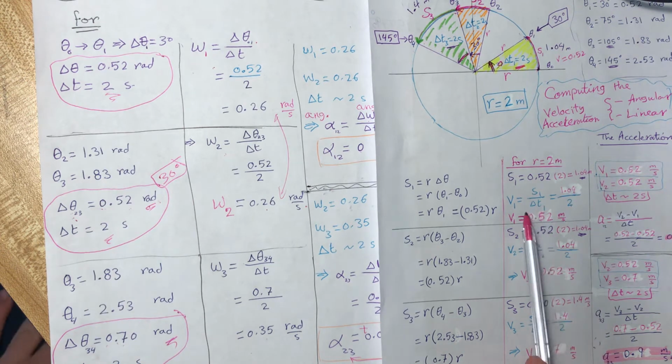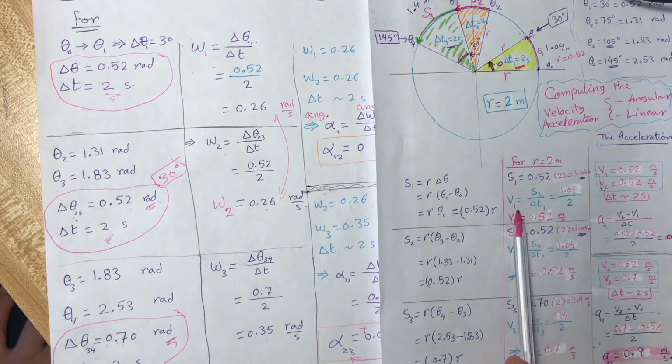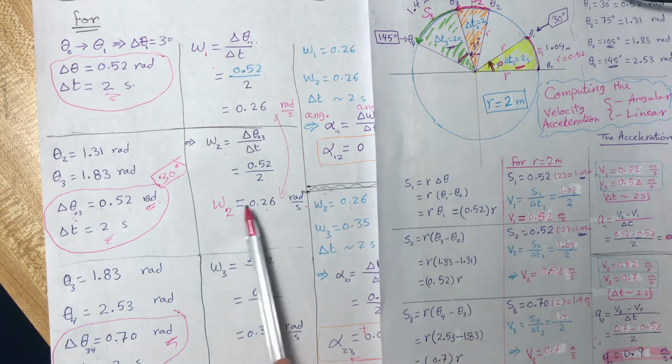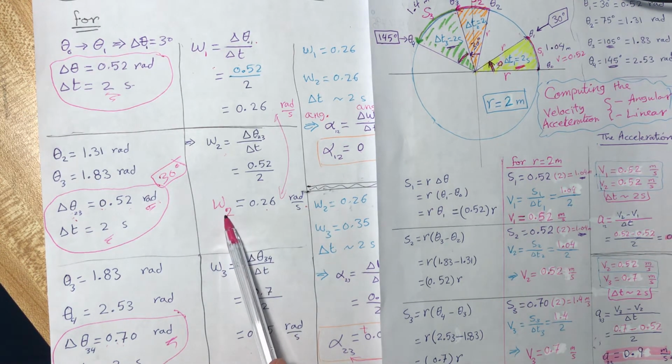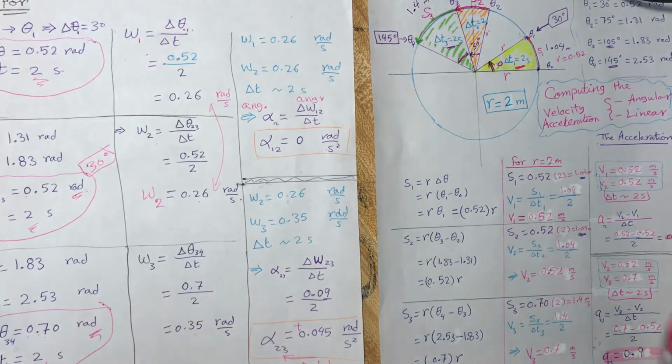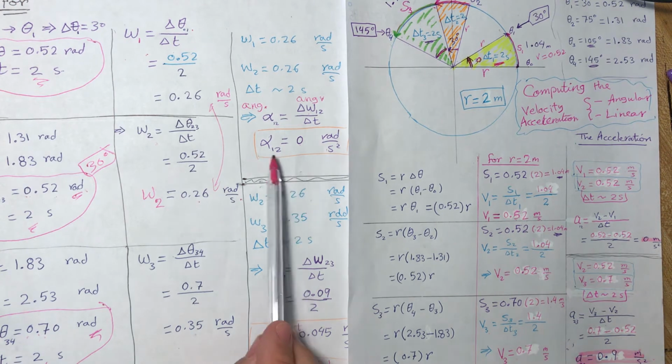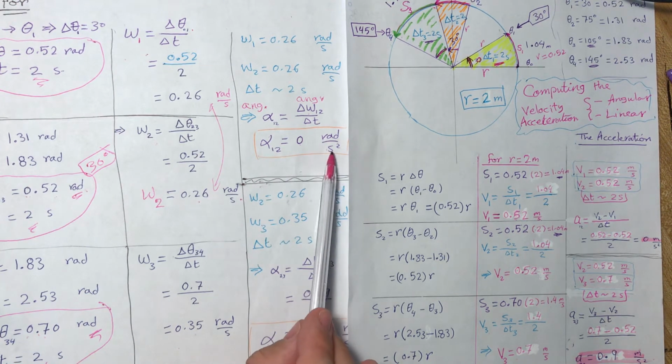The linear or tangential velocity is V, as we know from before. But the angular velocity is omega, in radians per second, not meters per second. Also we have linear or tangential acceleration, in meters per squared second. We also have angular acceleration, in radians per squared second.